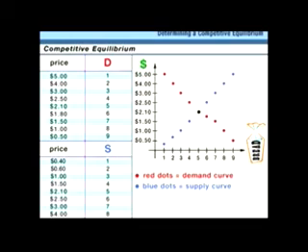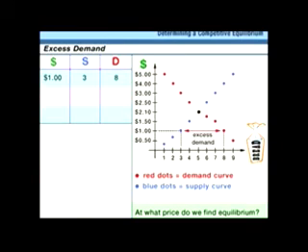Suppose, first of all, that we consider a price of $1 a loaf for bread. What would happen in that case? Well, with a price of $1 per loaf, there are 3 loaves that bakers are willing and able to supply each week. The quantity supplied is 3 at a price of $1. At a price of $1, the quantity demanded, however, is 8 loaves per week.